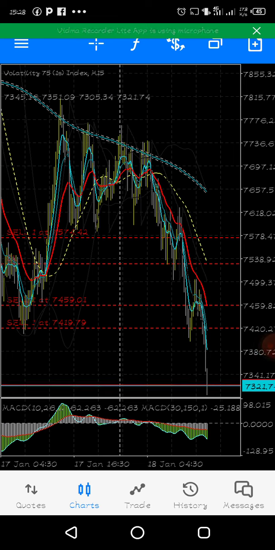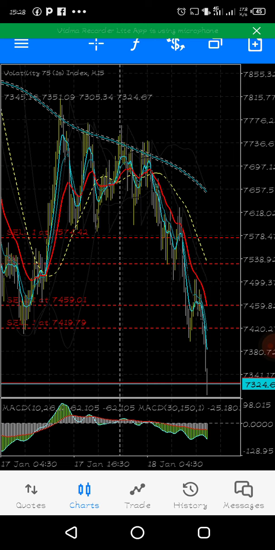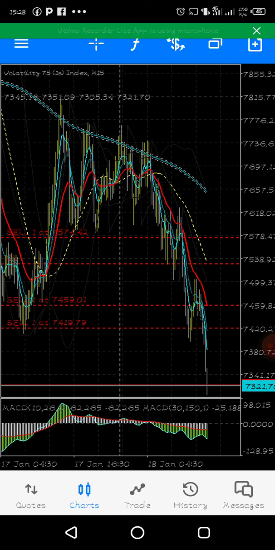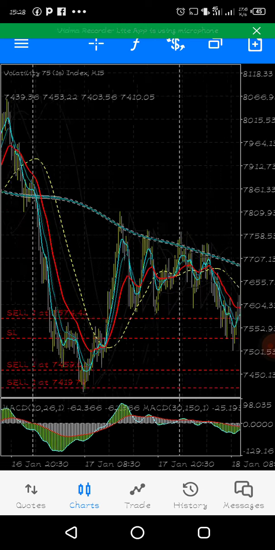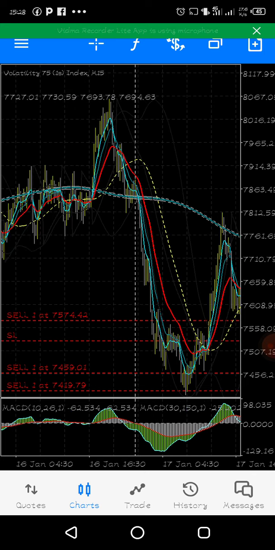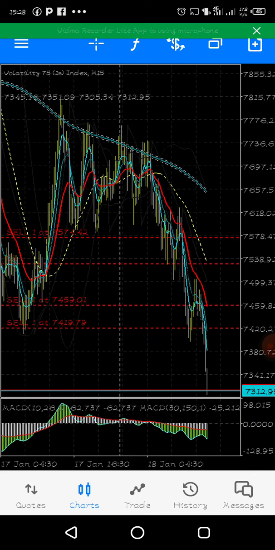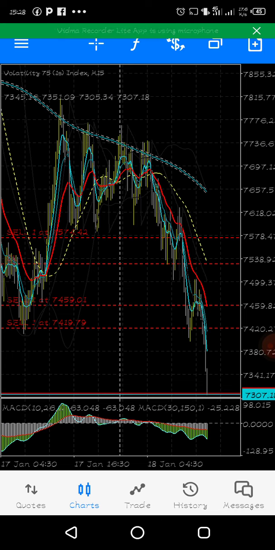Today, I'm excited to show you another new setting I'm using, which is double MACD. This is a very lovely setting, guys, and I am really excited to bring this to your doorstep.